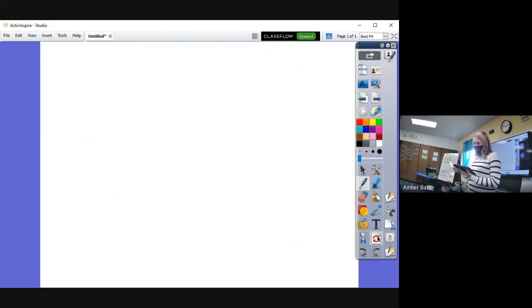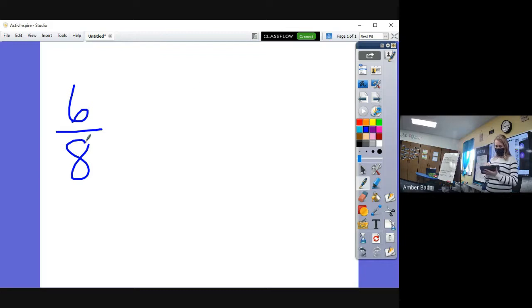So converting a fraction to a decimal turns into a decimal division problem, right? Okay, let's do 6/8. I'm going to take my 6 and divide it by 8.